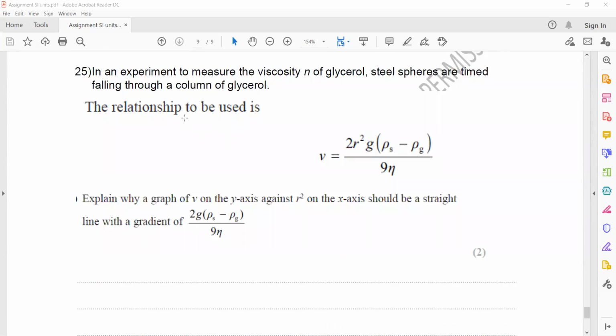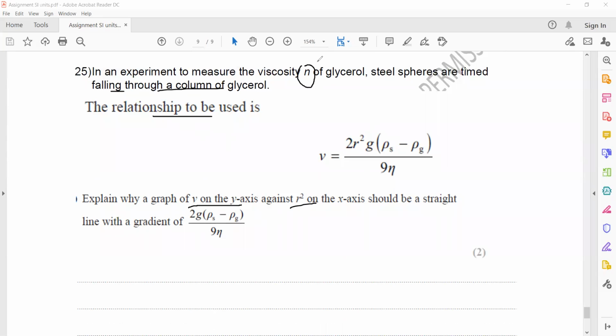Now, in an experiment to measure the viscosity of glycerol, viscosity is denoted by the symbol eta. Steel spheres are timed falling through a column of glycerol. The relation is used. Why should the graph of v on the y-axis and r square on the x-axis be a straight line with a gradient?